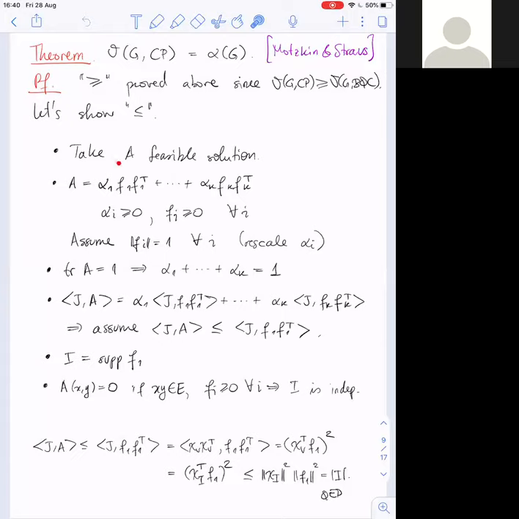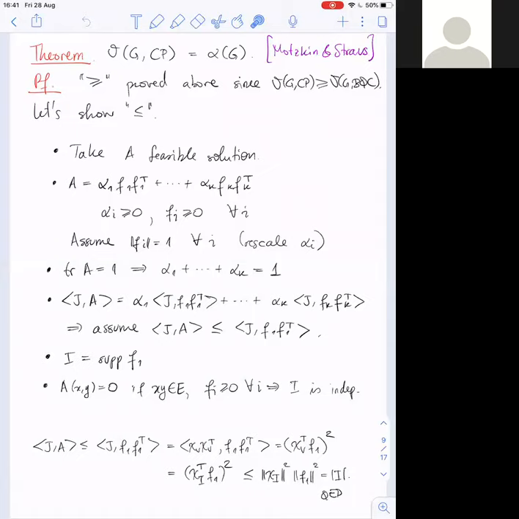So let's take a feasible solution of this theta number problem. You take a completely positive matrix which has trace 1 and zeros at the correct entries, which are the edges. And let's derive from this matrix an independent set whose cardinality is going to be at least the objective value of this solution.